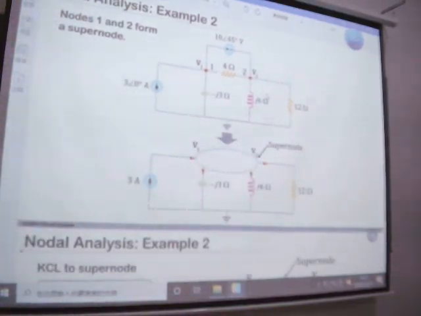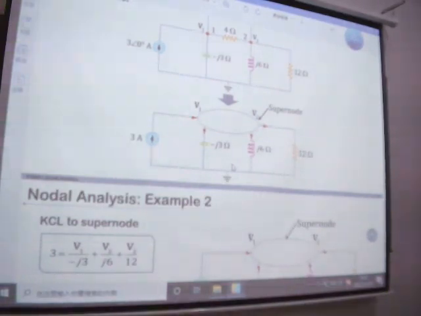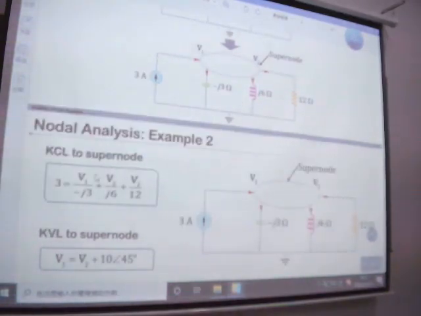Okay, for this example, they are using the supernode analysis. They're taking this one as a supernode, and they applied the KCL law to the supernode directly. But we know why I didn't use the supernode here, because for the supernode, we cannot use the shortcut way.